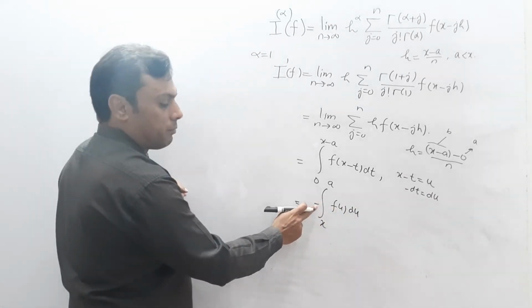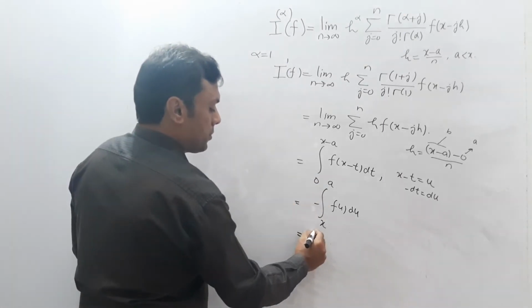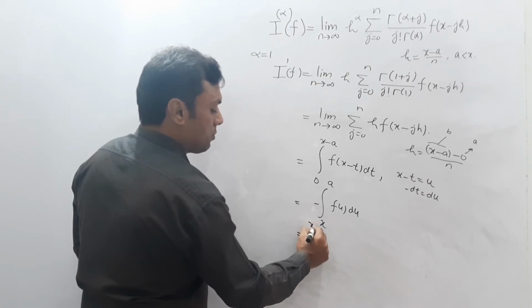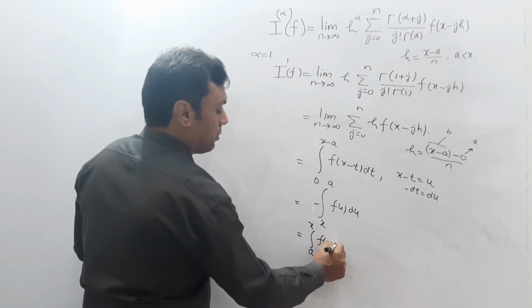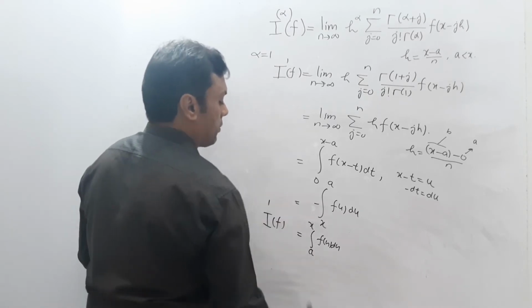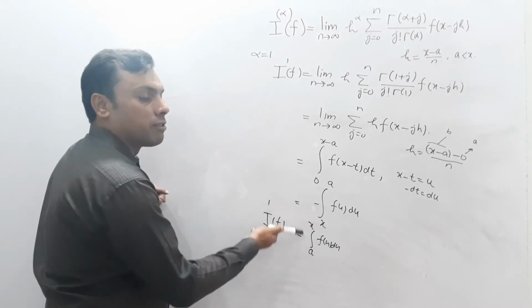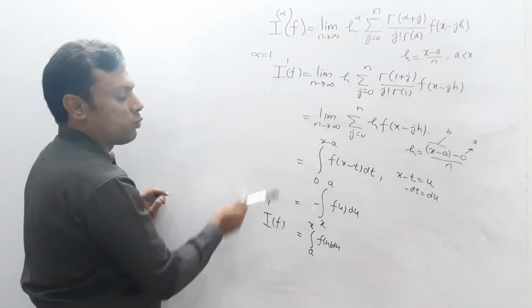We can switch the limits to adjust this negative sign, so this becomes the integral from a to x of f of u du. This is my integral of first order. This is very simple. We can solve this very easily. So this is when alpha is 1.